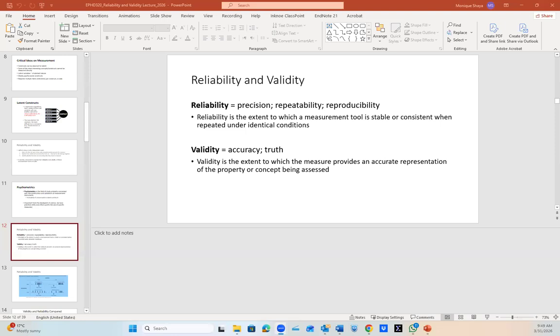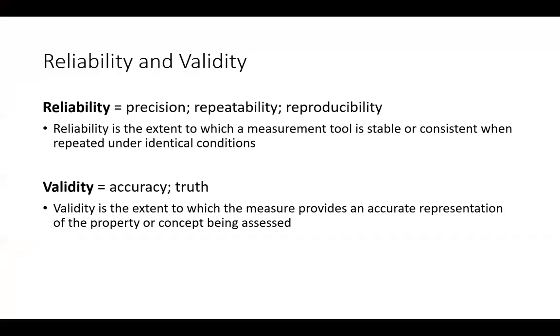And then how well the items correlate with each other is internal consistency. When we say they correlate with each other, how is correlation measured?